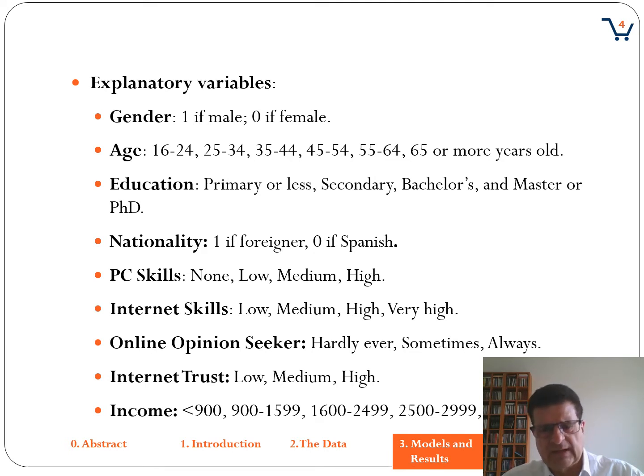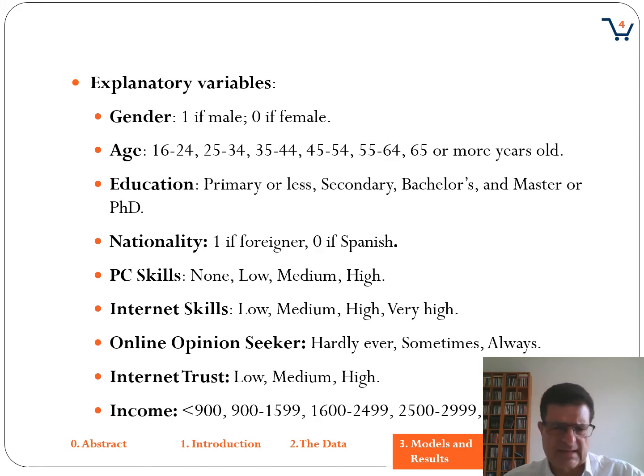This is a typical way of using the variable age. The education is also in categories: primary or less, secondary, bachelor's degree, and master's or PhD. The nationality is 1 if it is a foreigner, 0 if it is Spanish.